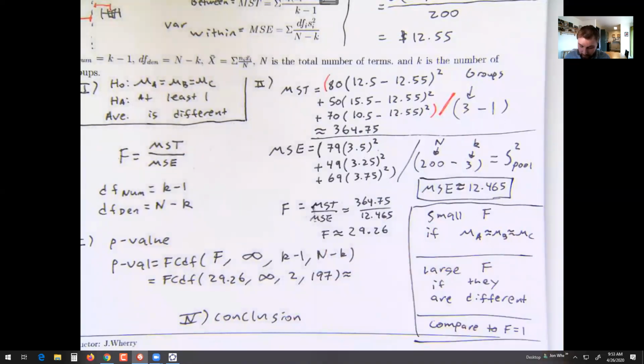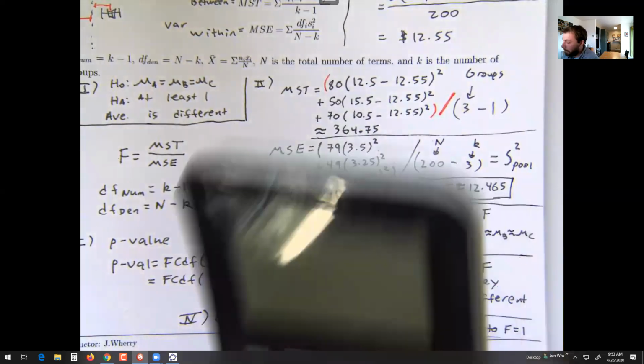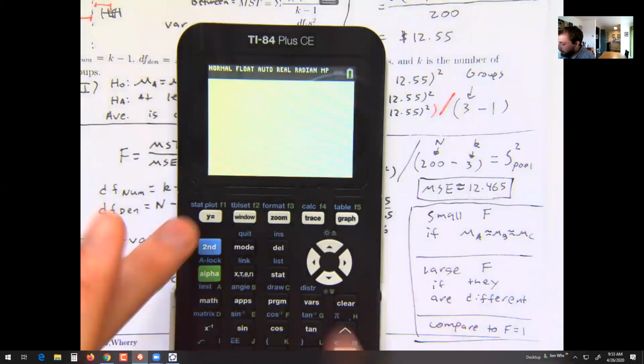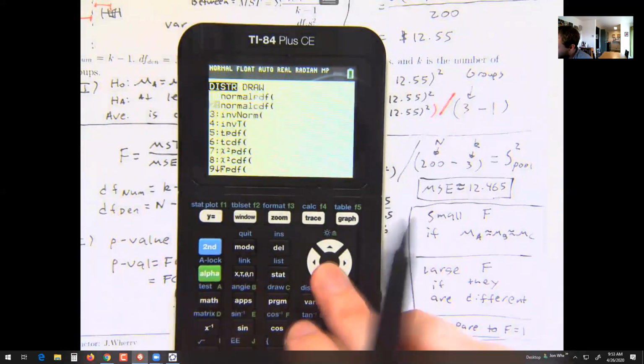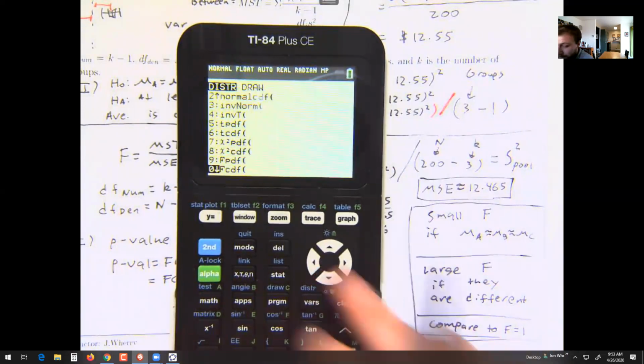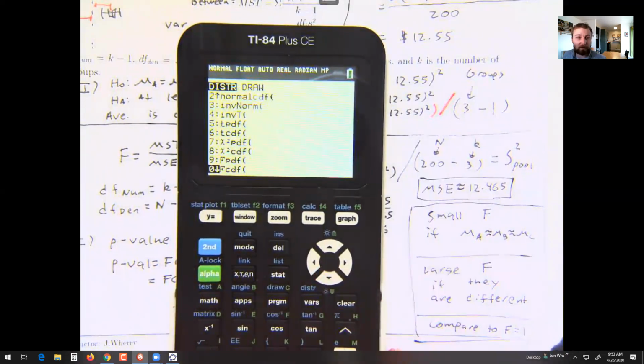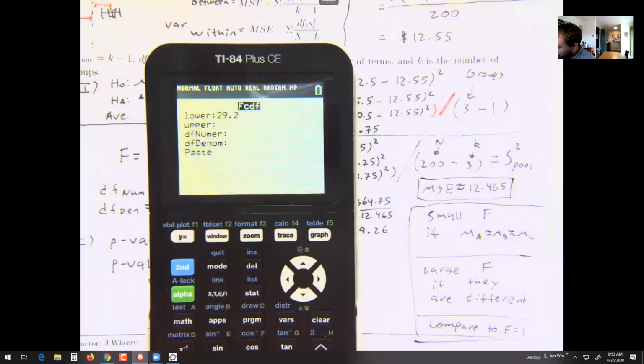If I'm trying to find F in my calculator, on the TI-84, I go second vars. And then I'm going to scroll until I see F-CDF. This is the same spot where I found chi-squared CDF and t-CDF. I type in my ratio. So my ratio was 29.26. It's always a right-tailed test, so I'm going to type in infinity, a really large number there for the upper.